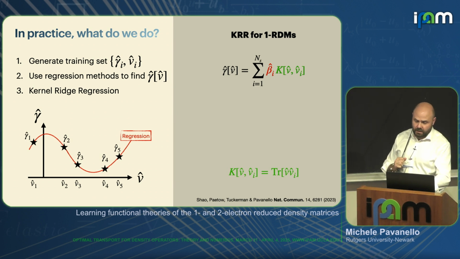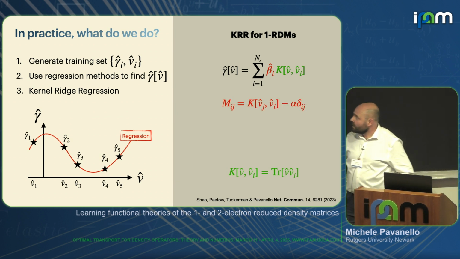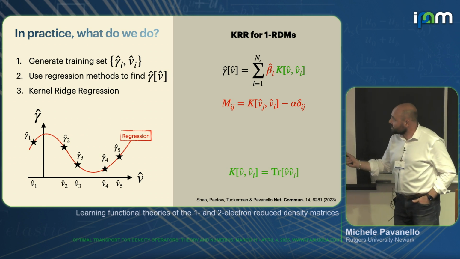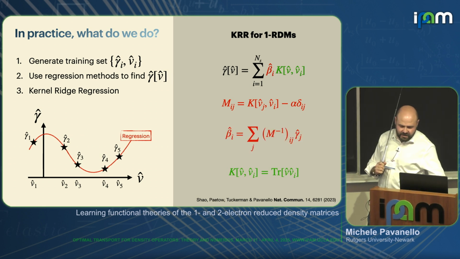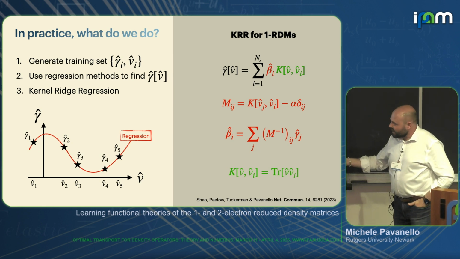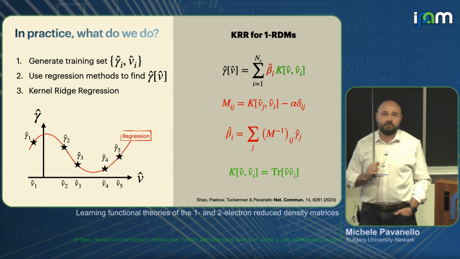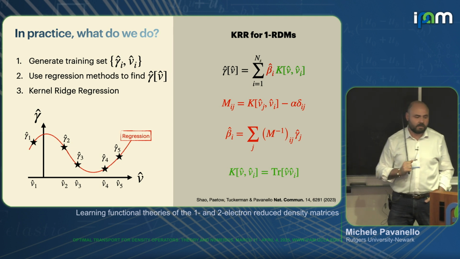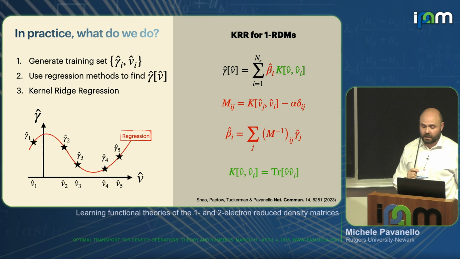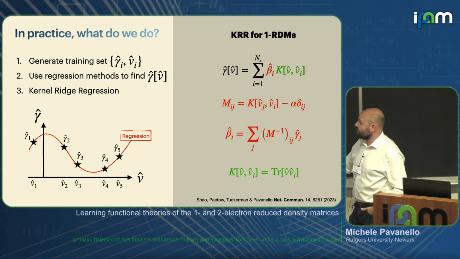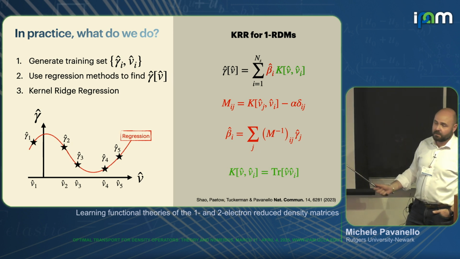We also use the RBF kernel. The matrix that we're going to invert is this one. We never actually invert the matrix, because that matrix can be singular. And so we just solve a linear problem. We just solve M beta equals gamma.